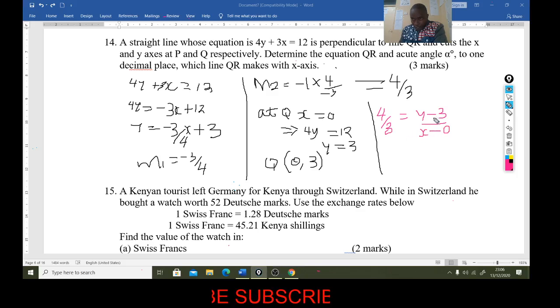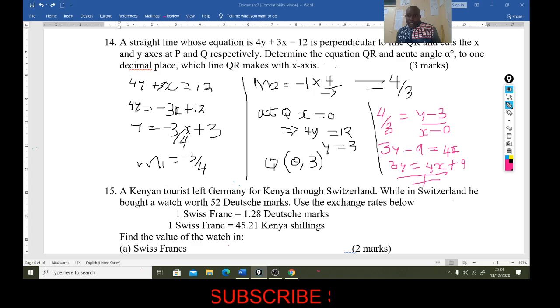I cross multiply: 3 into y minus 3 becomes 3y minus 9 equals 4x. I take 9 to the other side, so 3y equals 4x plus 9. So that is the equation of QR.